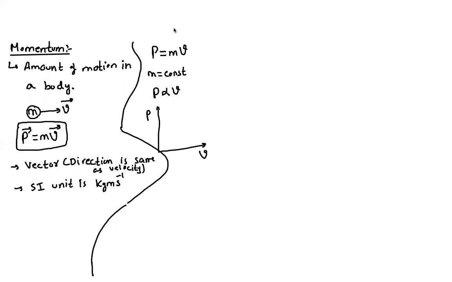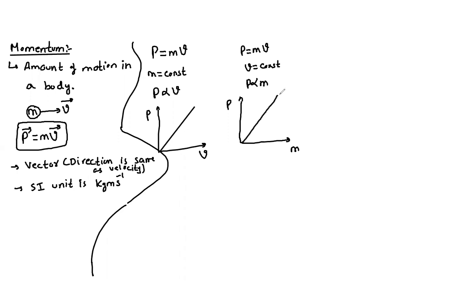They are directly proportional, so the graph will be a straight line. In the same P is equal to mv, if v is constant, momentum is directly proportional to mass. This is mass and this is momentum. Again directly proportional, so your graph will be a straight line.